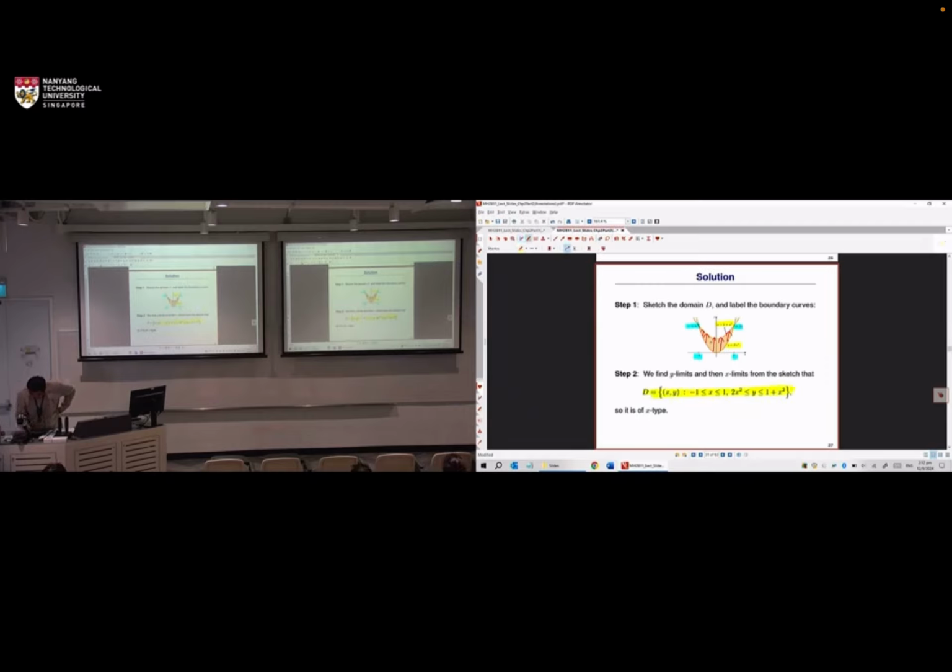This one you fill in the blank on your own. You know it's of the X type, because after you draw it out, you know it's of the X type. Your y is between the bottom, y equals 2x squared, to the top graph, y equals 1 plus x squared. The x is between negative 1 to 1, covering everything.